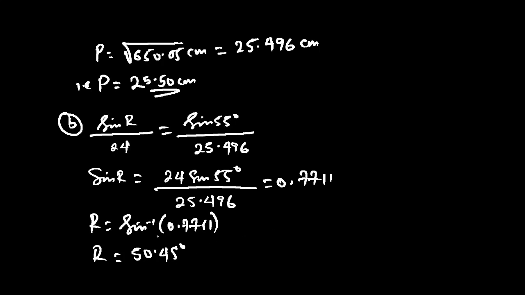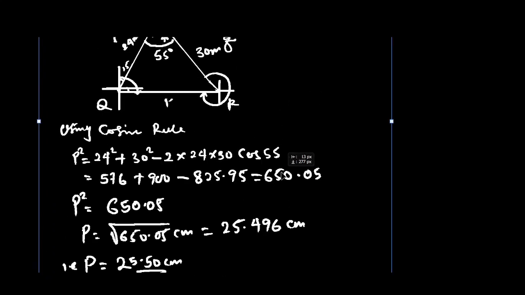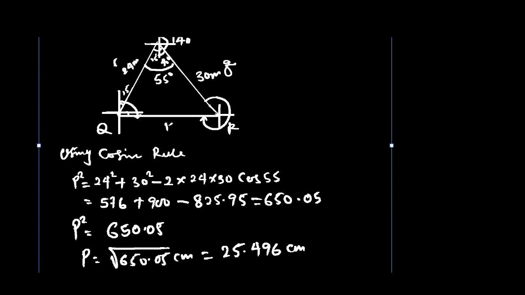So if that should be the case, this angle is less than 180 degree, isn't it? So since it is less than 180 degree, I can just say that this angle here is what we just calculated, that is 50.45.